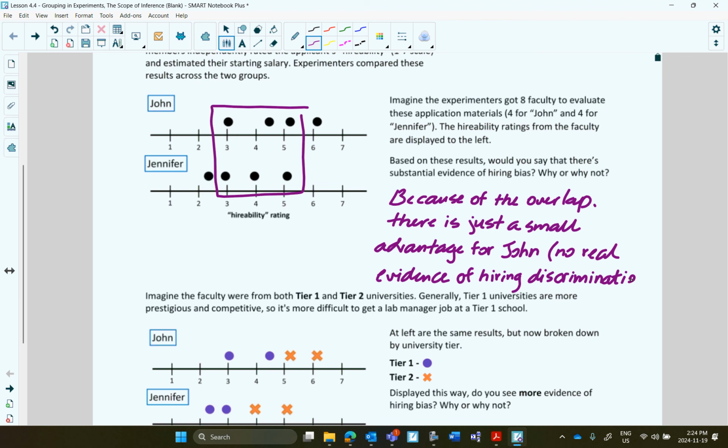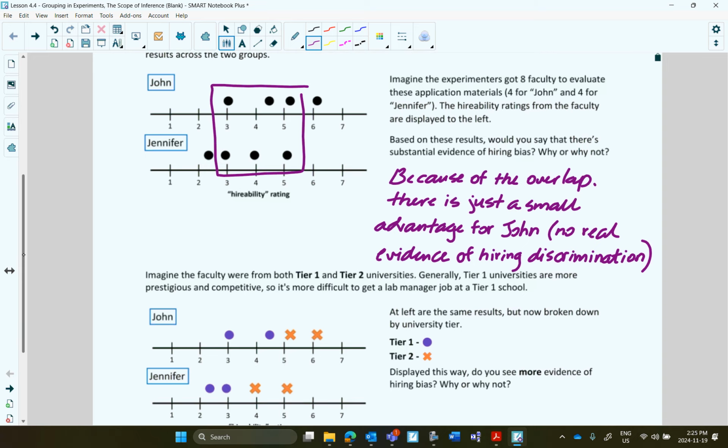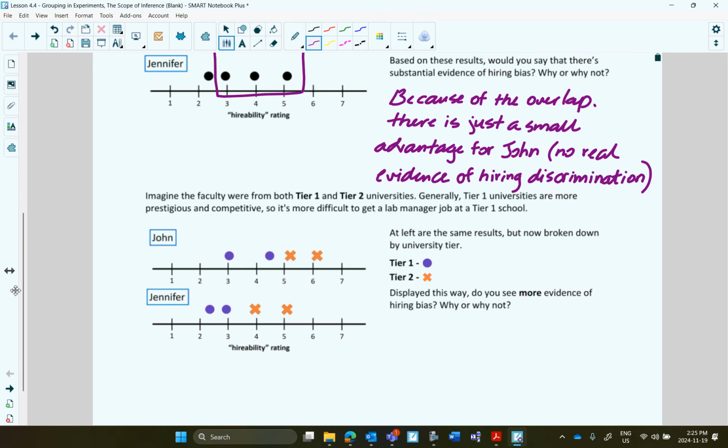What if we look at the 8 in a different way? Of the 8, 4 were from Tier 1 universities and 4 were from Tier 2, with Tier 1 being more prestigious. And these are the results they got.